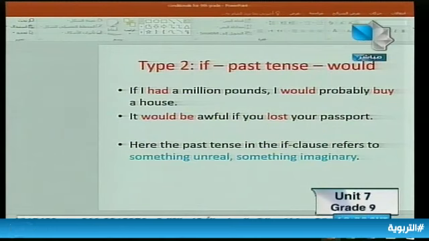You can notice here that the if clause is in the second position in the sentence. We started with the result clause. As we said, we can also say, if you lost your passport, it would be awful. There is no difference in meaning, only the position is different.